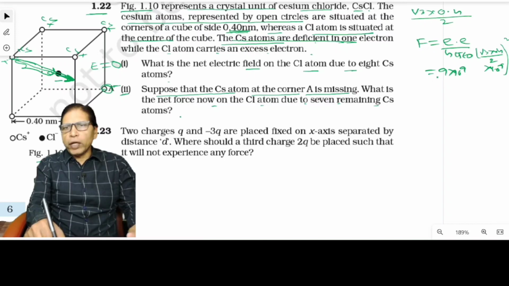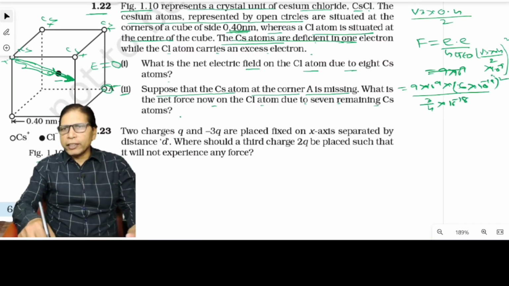Look at the values: this is 9 into 10 to the power 9, and this is 1.6 into 10 to the power minus 19 whole square, divided by 3 by 4 into 10 to the power minus 18.